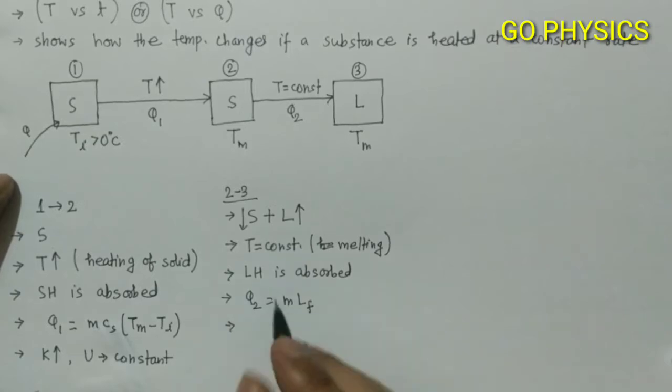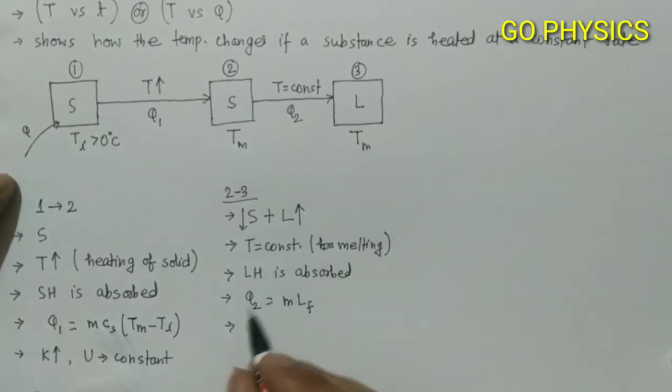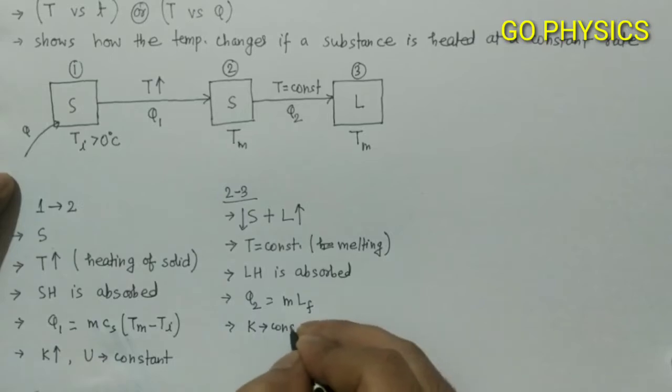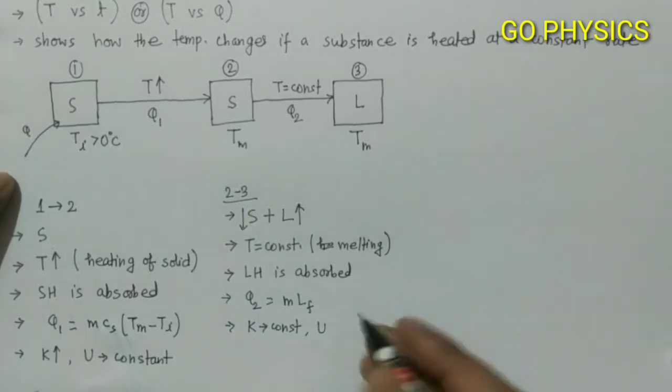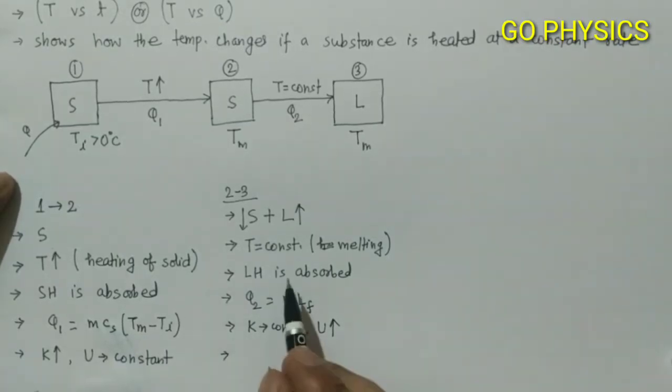And as we know that during latent heat transfer, kinetic energy of the particles does not change or remains constant, but potential energy among the molecules or atoms of the system will keep on increasing.